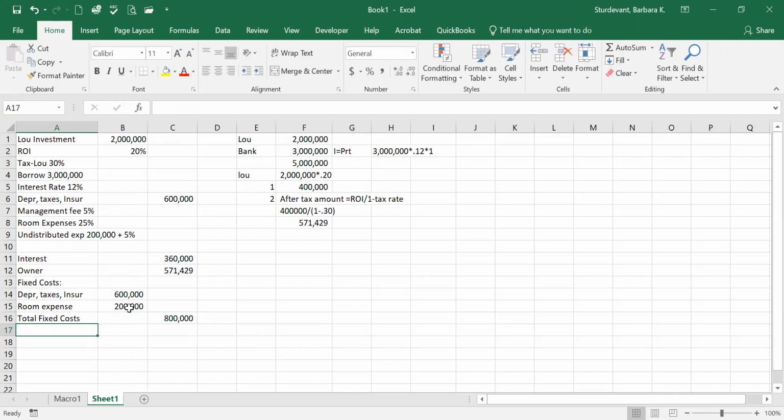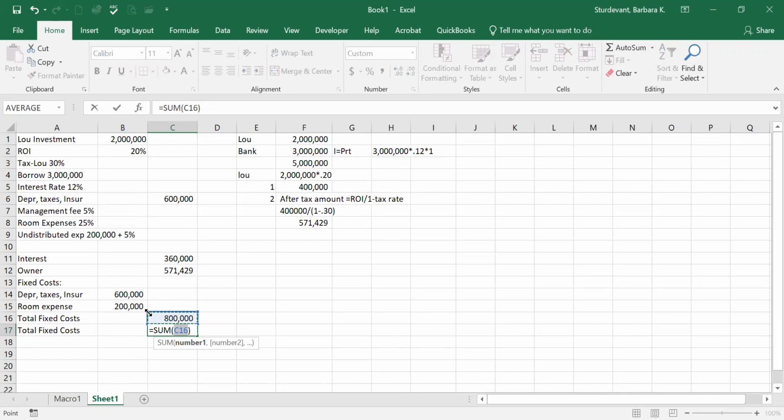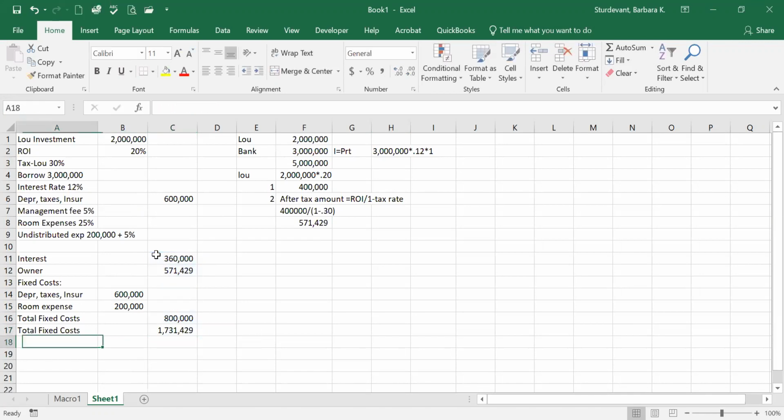We have the owner's pre-tax of 571,429. So the total that we have is all those added together. Okay. Everybody okay with that?